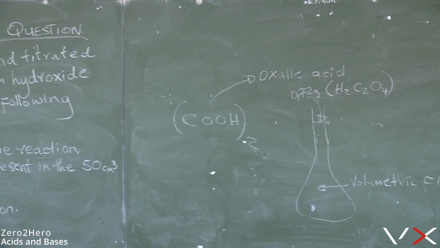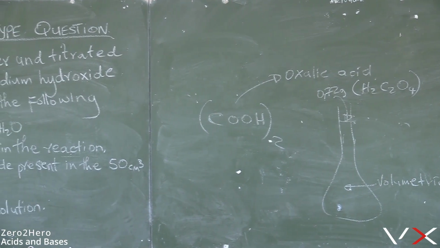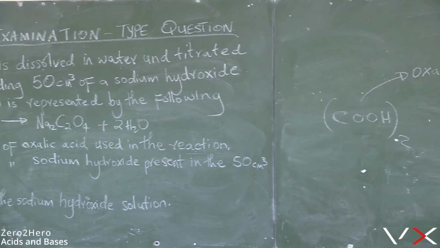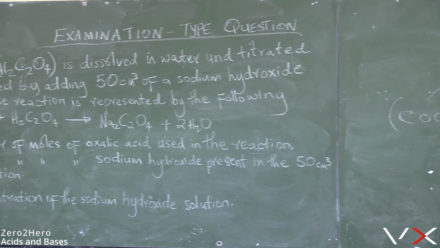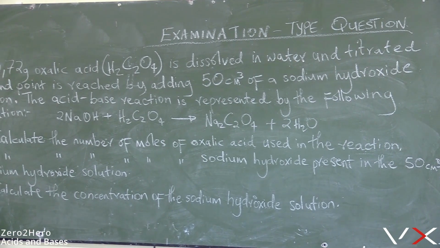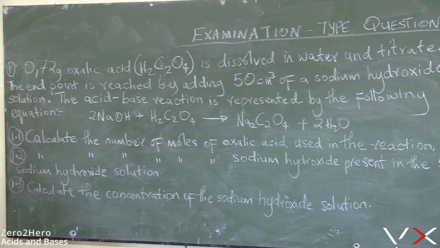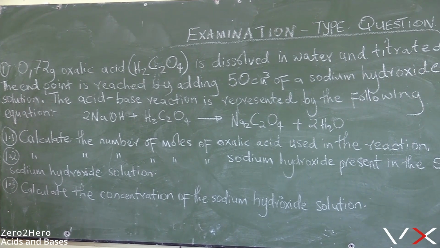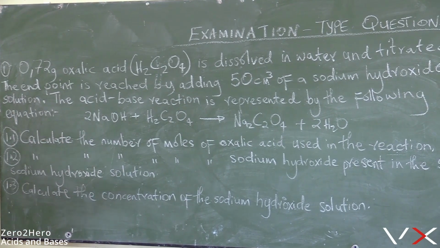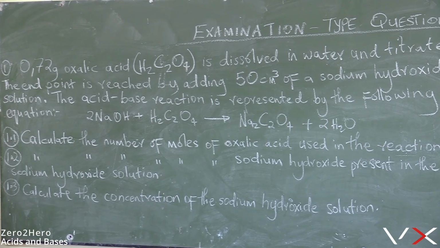So obviously uma you titrate an acid, you titrate it against a base. Yiphi leyo base esetshenzisiwe? Sodium hydroxide ongakanani, 500 or 50 cubic centimeter. So the end point is reached by adding, which means the end point ilapha kuthola khona ukuthi all of the acid is being used up by a base, sodium hydroxide.